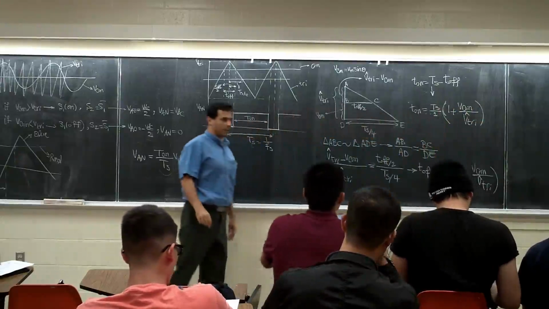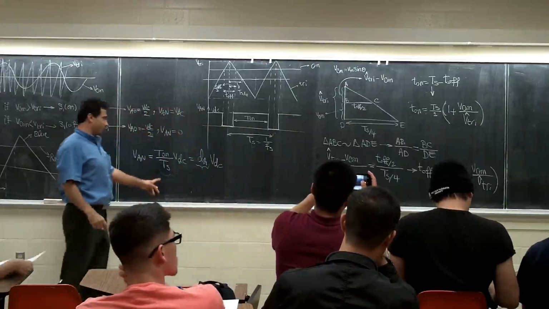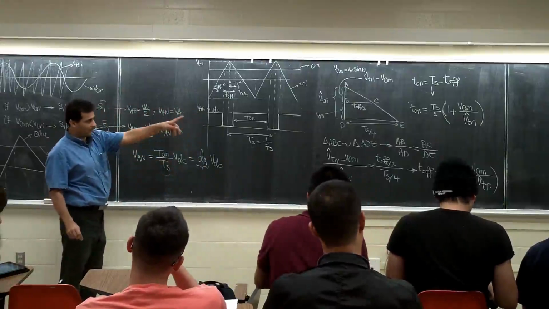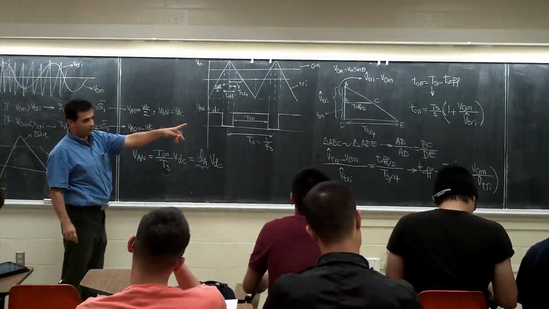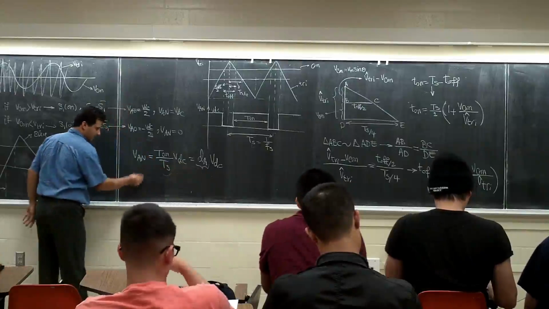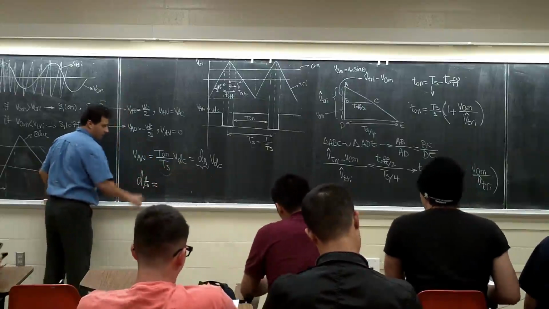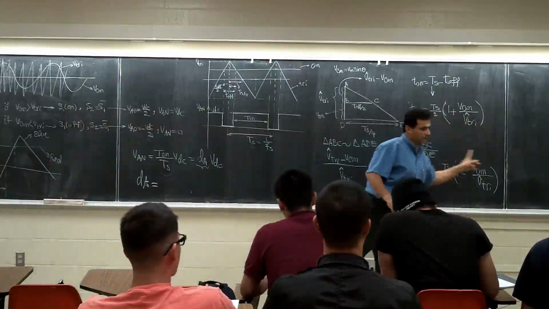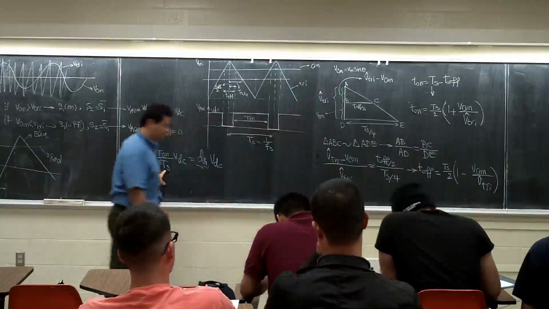Right? So I calculated T on. Now I'm going to go back here. I have how much is my T on, so I can calculate my dA. How much is dA? It is T on over TS.